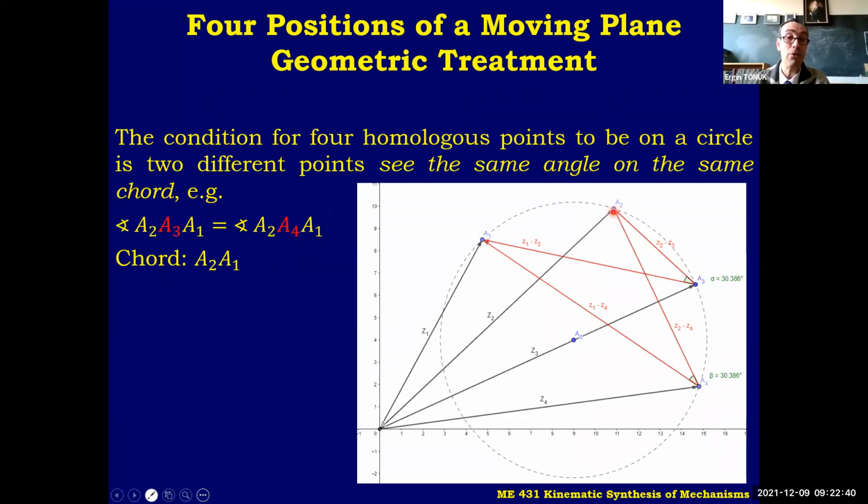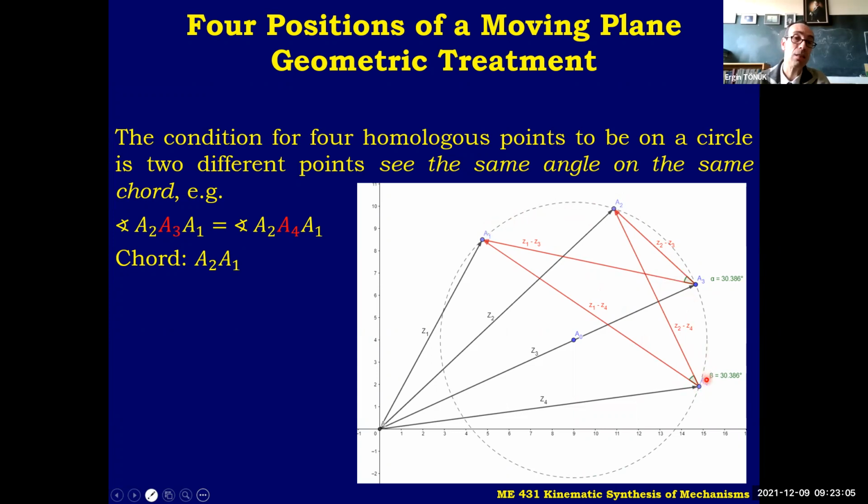But if we have 4 points, then the remaining 2 points should see the same angle on the same chord, okay? That's the geometric condition. If these 2 angles are the same, then 4 points define a circle.